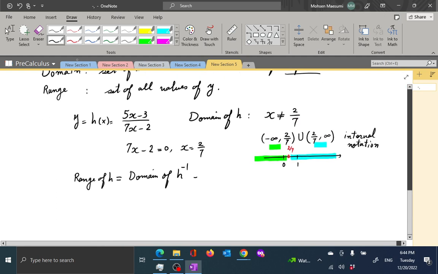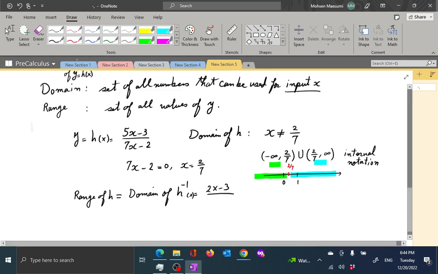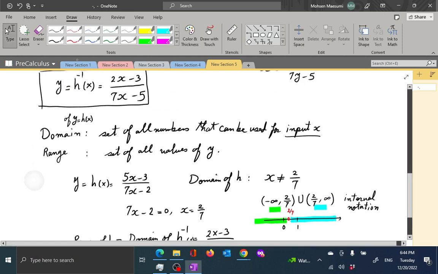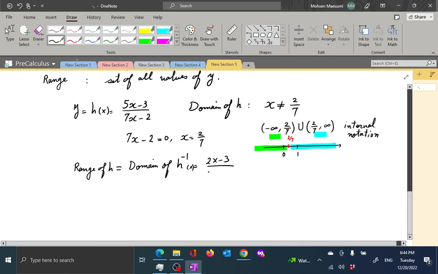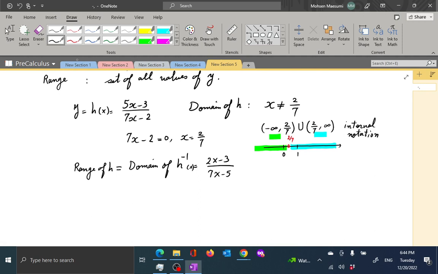H inverse, which was 2x minus 3 over 7x minus 5. So I ask myself, what number is not allowed to be used here as an input? That means, what's the domain of this one?